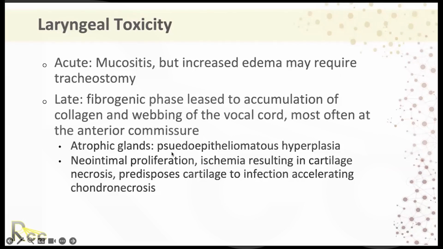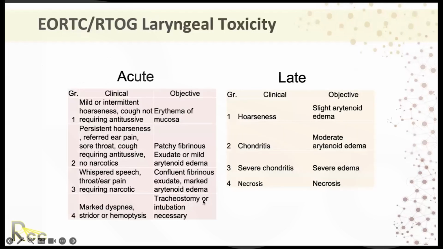Temporary laryngeal edema is not uncommon, especially when you're treating base of tongue or larynx tumors, where patients get significant edema of the epiglottic folds and the arytenoids, and their voice quality and swallowing can be impacted. Luckily for most patients, this is going to get better with time.